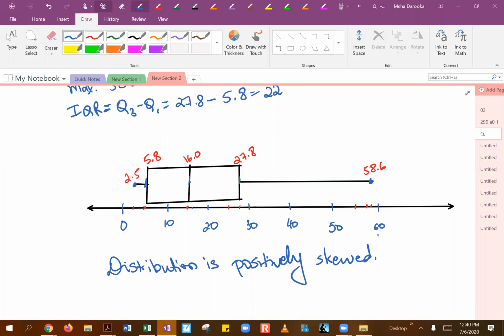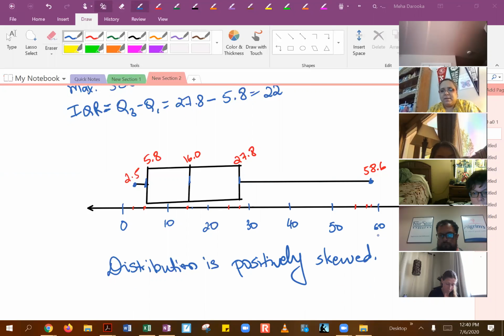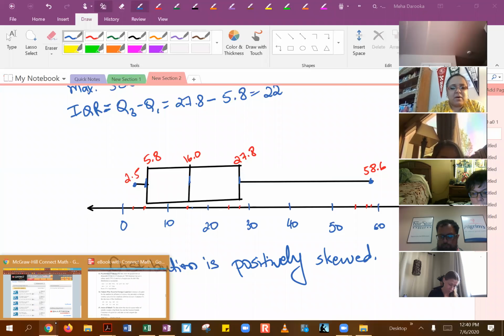Alrighty. Any questions on this example over here, guys? Now, of course, as you've seen with chapter 2, you will be doing your box plots on the Connect math. So they're going to do a lot of the setup for you. But if you had to do these by hand, again, you should be comfortable coming up with the box plot on your own.